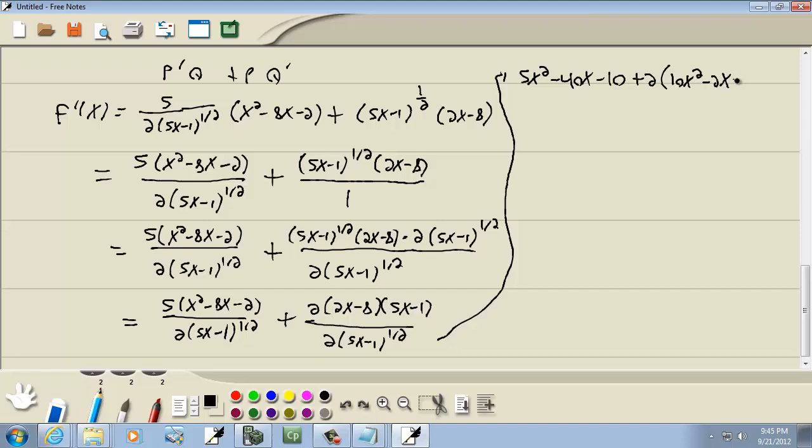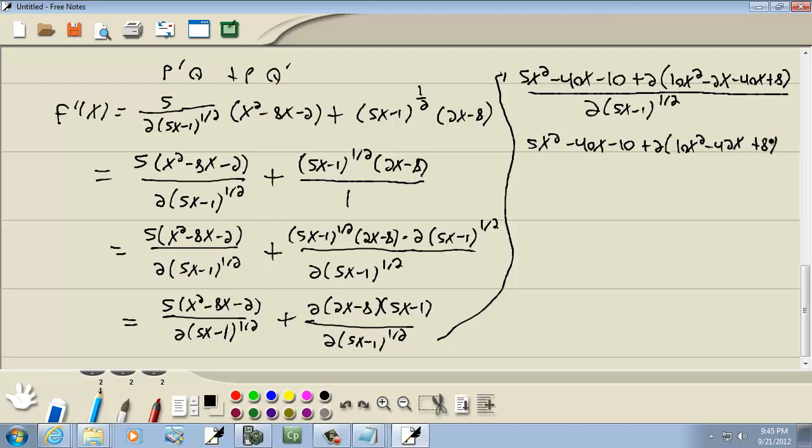Negative 8 times 5x is negative 40x. And negative 8 times negative 1 is positive 8 over this. Which gives us 5x squared minus 40x minus 10 plus 2 times 10x squared minus 42x plus 8 over this.